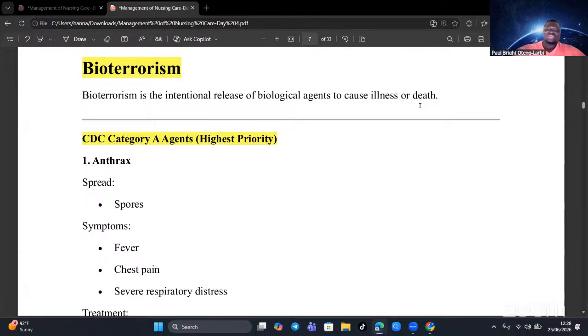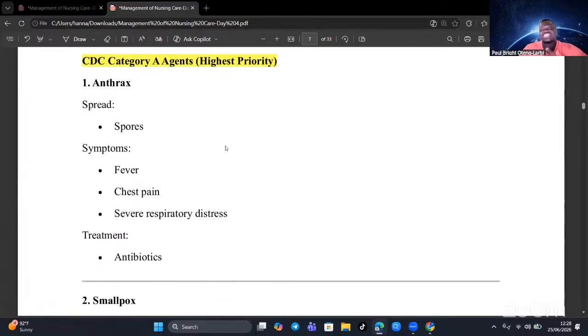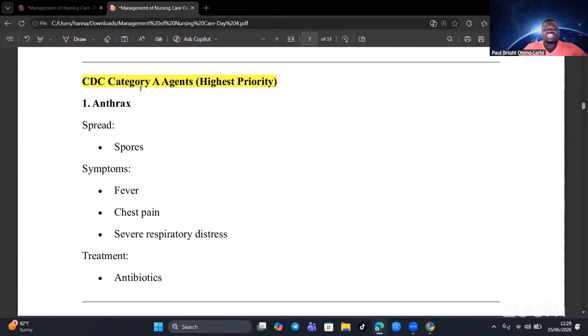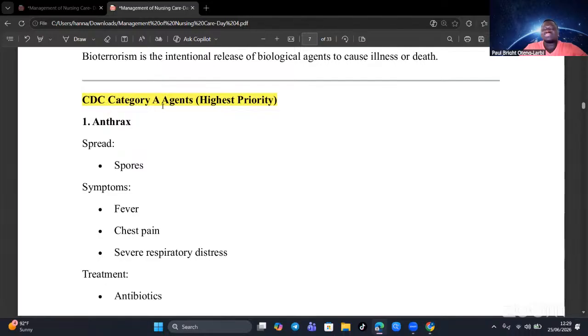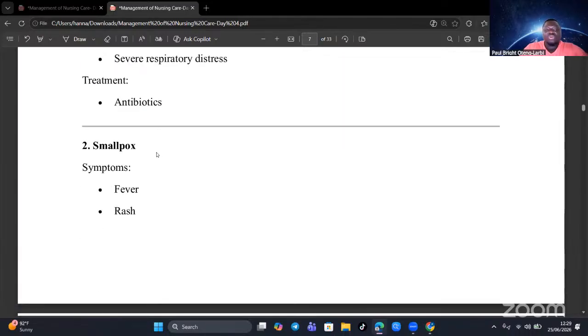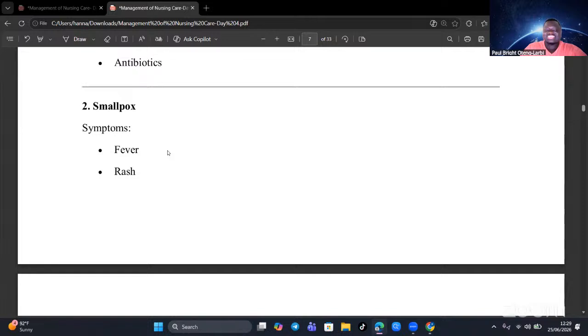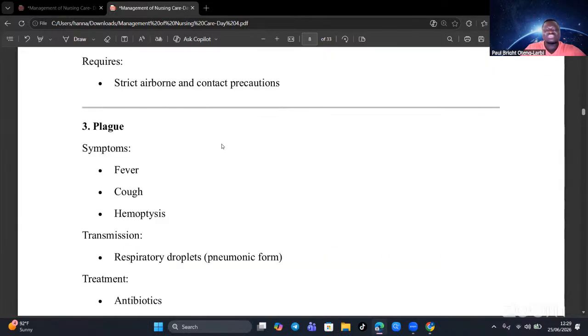Some of the conditions that came under bioterrorism, by investigations: anthrax was part of the CDC categories. Smallpox, when it started, a lot of people got it in the world. Plagues came: fever, cough, hemoptysis.